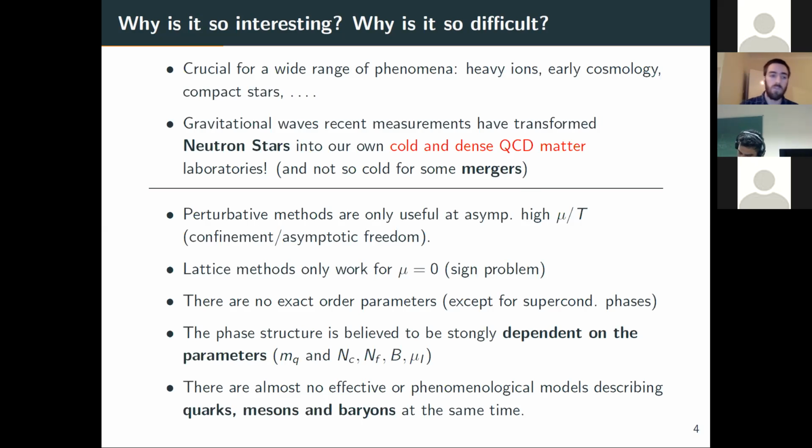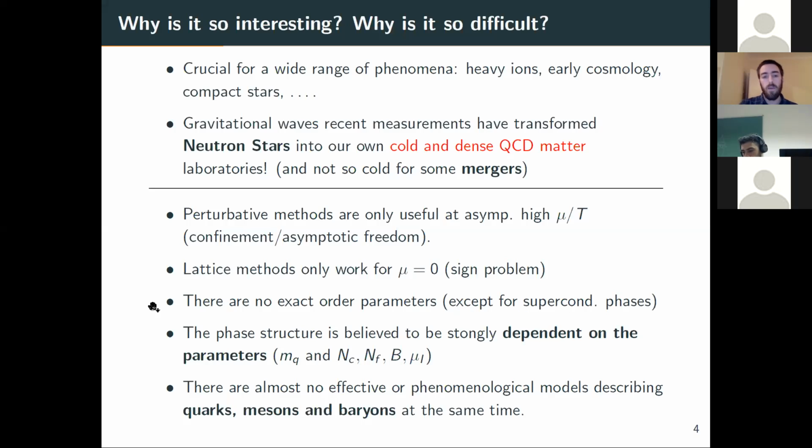And why is it so difficult? It's very difficult because there are perturbative methods that are only useful at high temperatures or high chemical potentials. As I said, lattice works only at mu equals 0 because of the sign problem. There are no exact order parameters except for the superconducting phases.